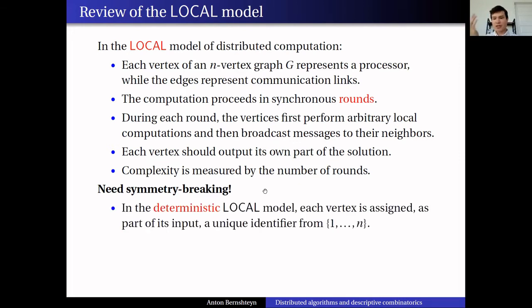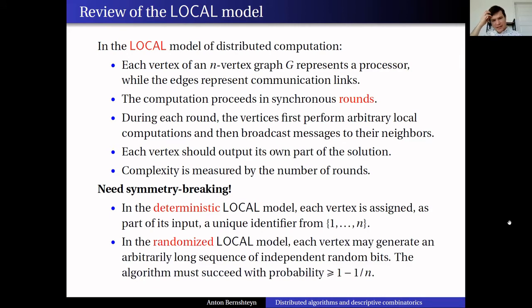There are two standard variants of the model depending on what symmetry breaking methods are used. In the deterministic version of the local model, each vertex is just given a unique identifier. So part of the input for every vertex is a number. You can think of identifiers as just a number between 1 and n, and they're all guaranteed to be different. Initially the vertex knows just its own identifier. In the first round it can tell its neighbors what its identifier is, and it can learn the identifiers of its neighbors, etc. But it's guaranteed that the identifiers are all different from each other.